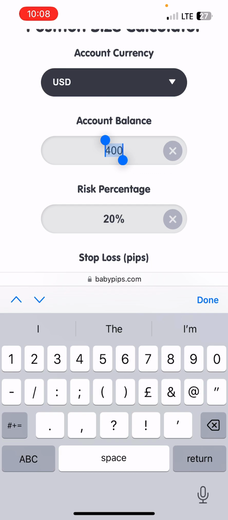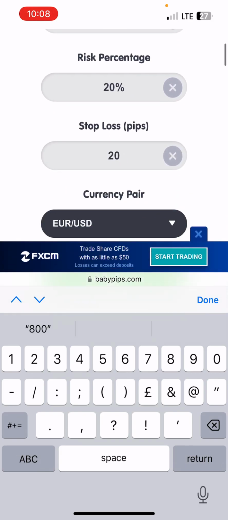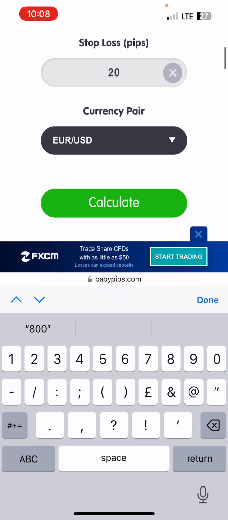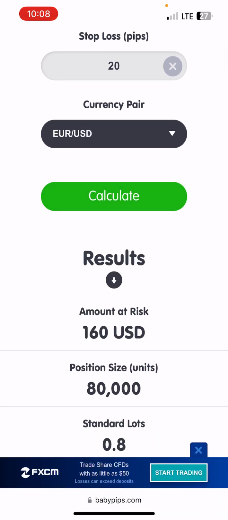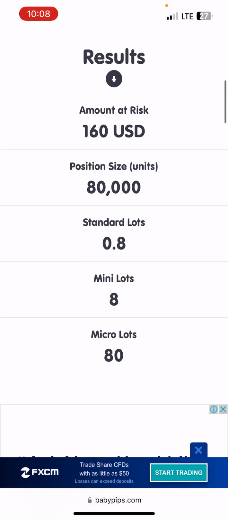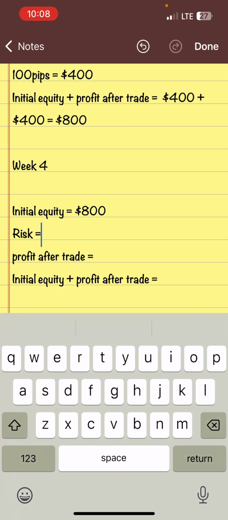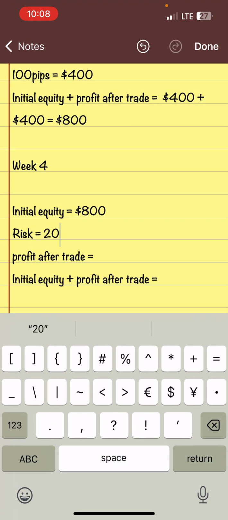All right, so we have $800. Your risk is 20%, meaning that stop loss 20 pips. Calculate. So you are risking $160 per trade and your standard lot size is 0.8. Your risk is 20%.